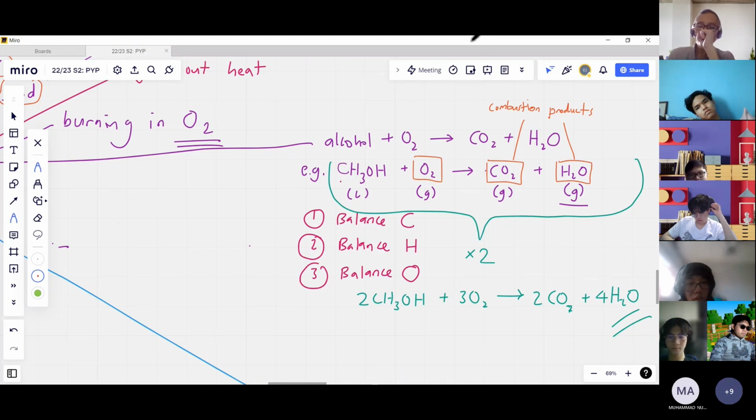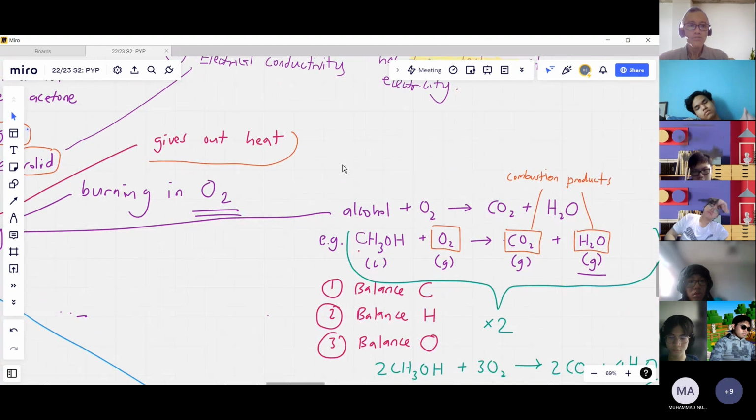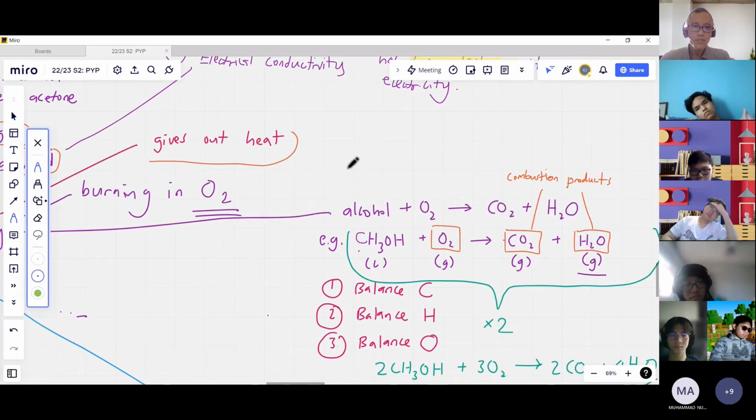Now, you may ask, water, isn't that a liquid? In general, yes, but don't forget we mentioned earlier that combustion gives out heat, and the heat is so strong that the water is in the form of water vapor or even steam.